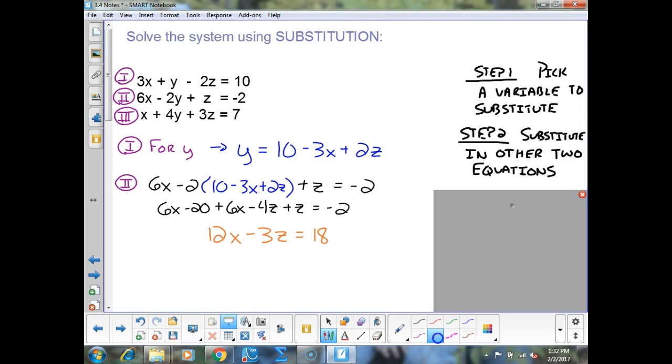Where are you getting 18? They added 20 to both sides. Call that equation number 4.